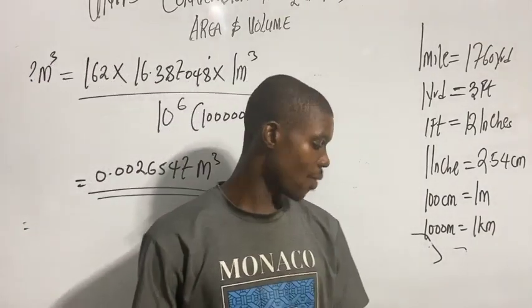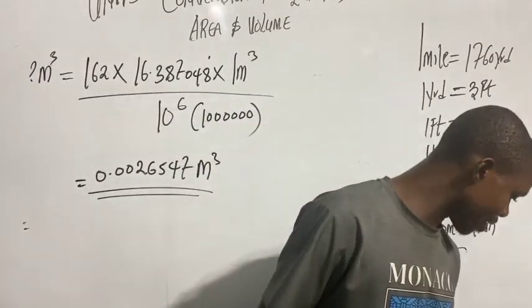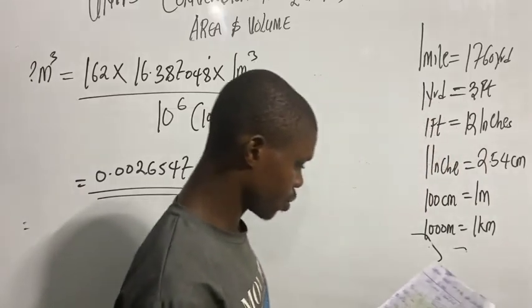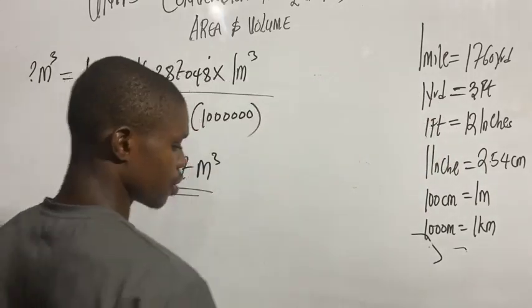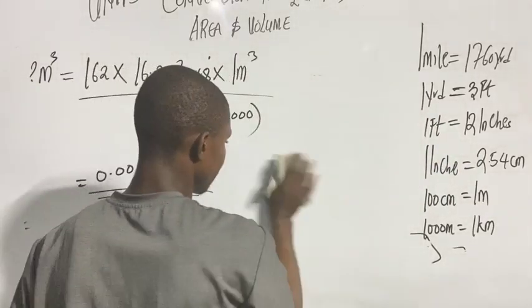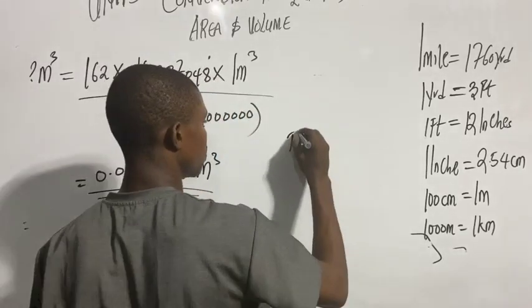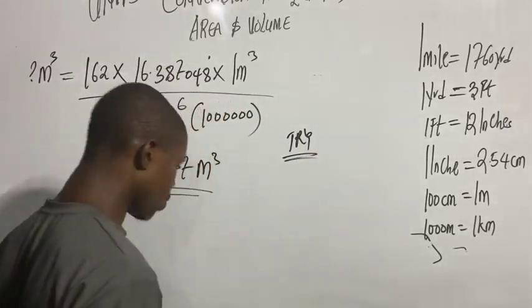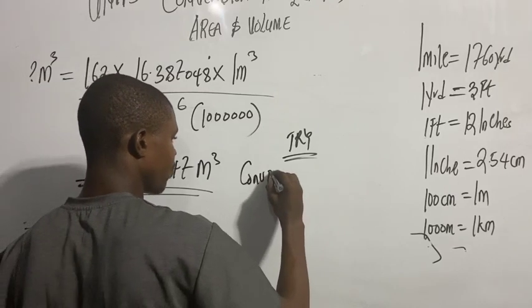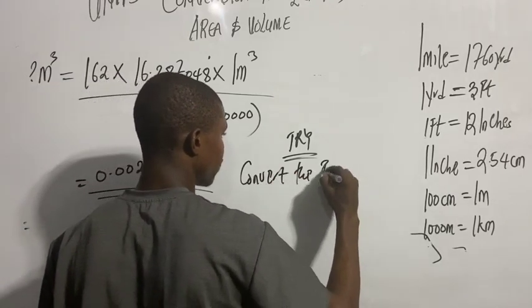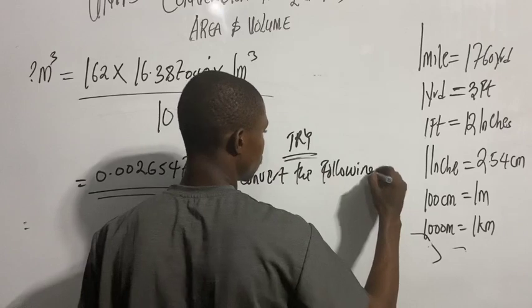So we are going to end our class here, but I would like to give you something to do. So go ahead and try this for me. You try this in your own spare time. Try to convert the following. Convert the following.